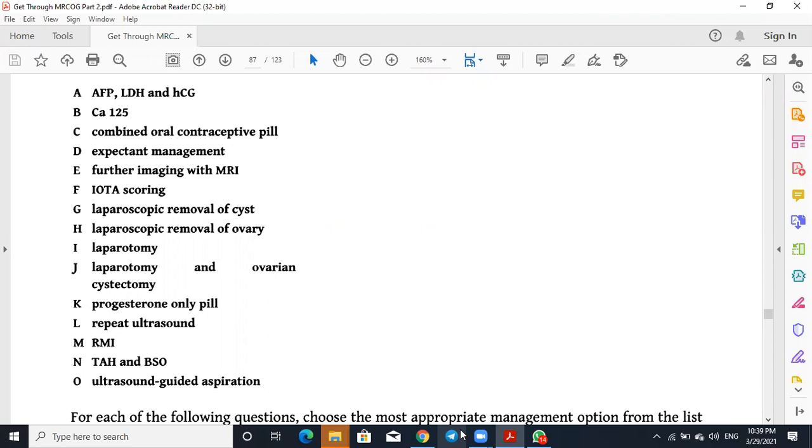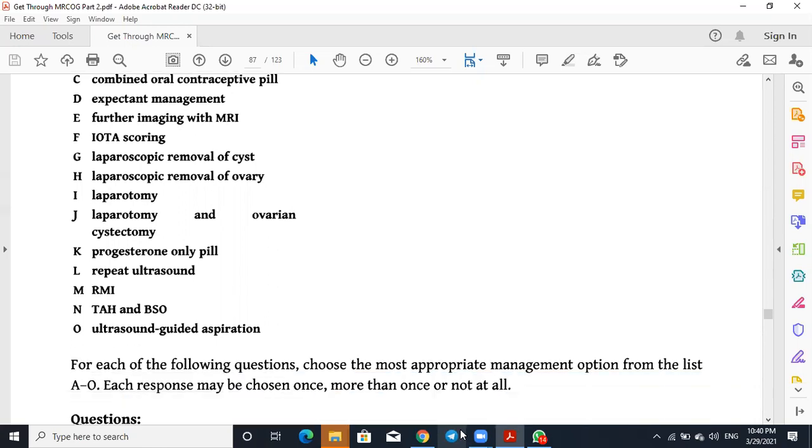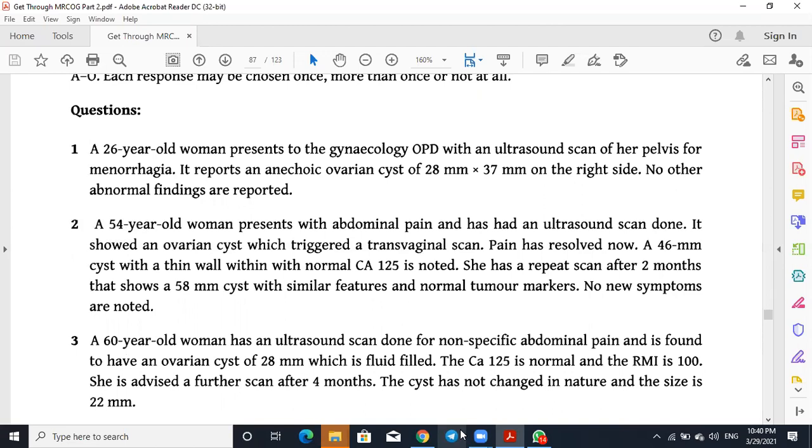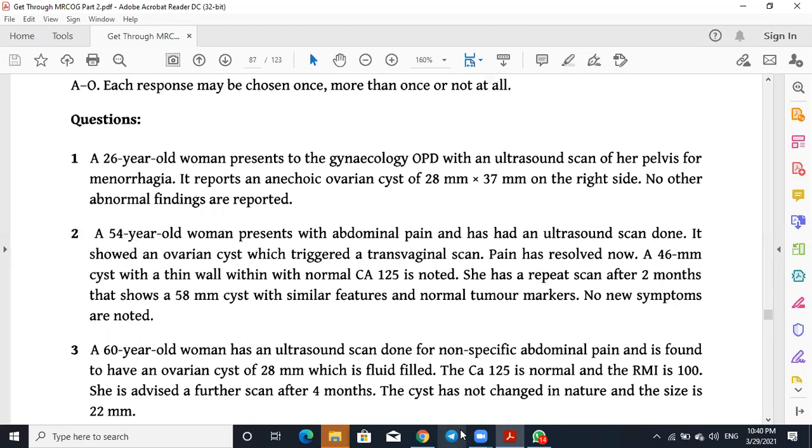It should be H. For us, we will go for H according to the guideline. The guideline says you do bilateral salpingo-oophorectomy. Here he tells one ovary. Even if the cyst is in one ovary, he tells removal of the ovary. Here it is a unilateral cyst.